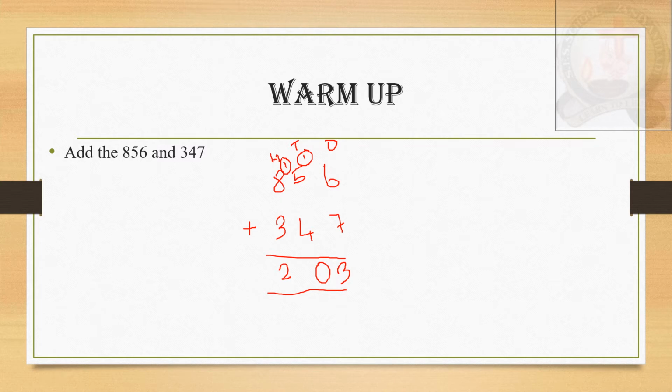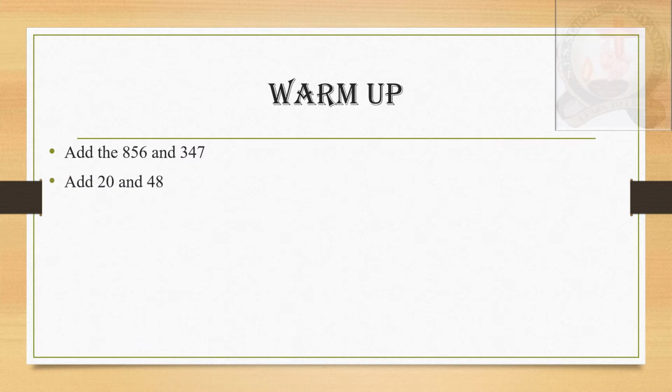Write 2 below the hundreds place, and 1 goes to the next digit. The answer is 1203. So the sum of 856 and 347 is 1203.